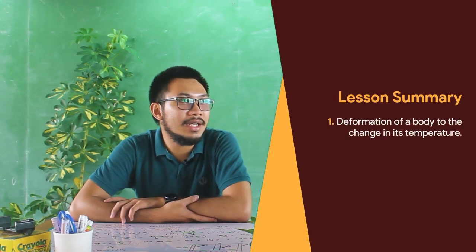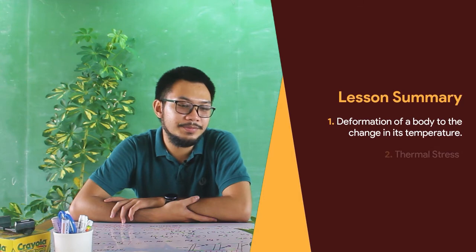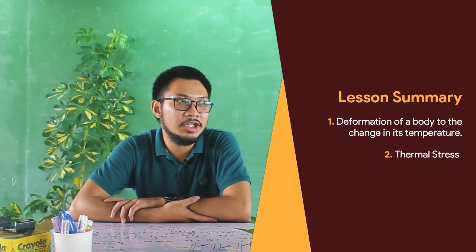As a summary for this lesson, we have talked about thermal stresses, and we have another equation for your displacement and temperature change relationship: delta T is equal to the coefficient of thermal expansion multiplied by the change in temperature and the original length of the material.